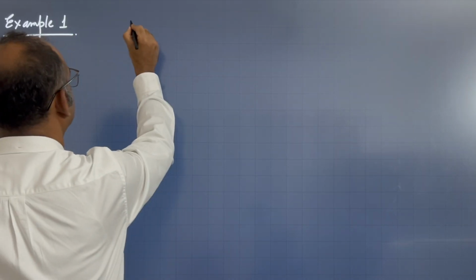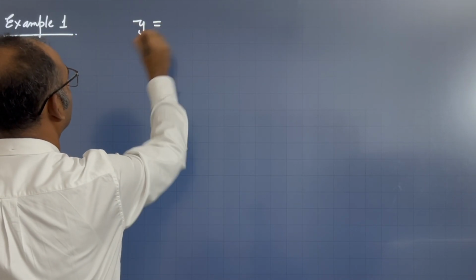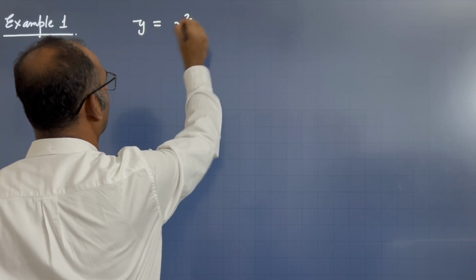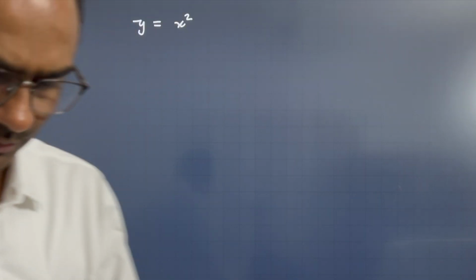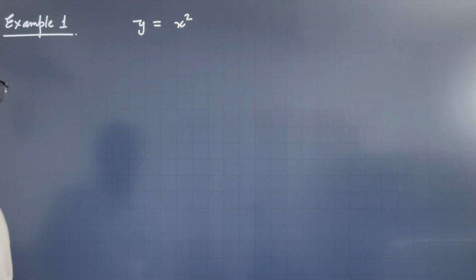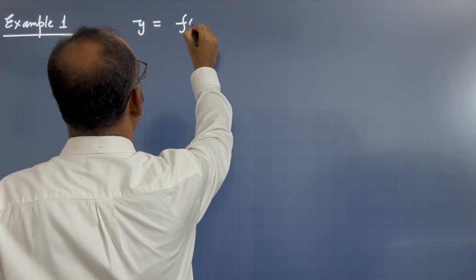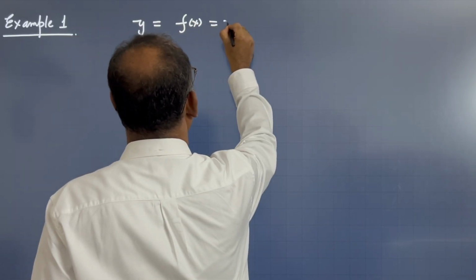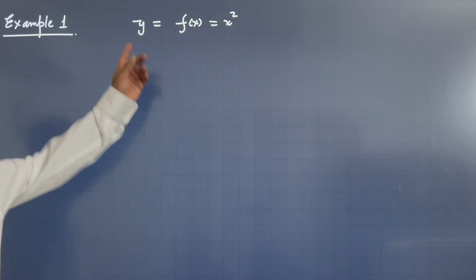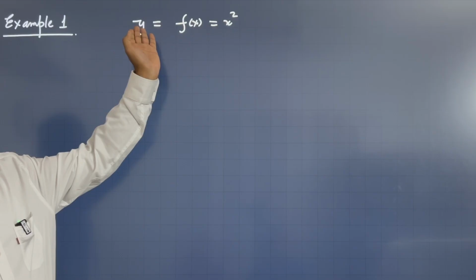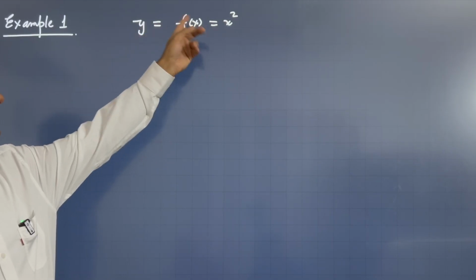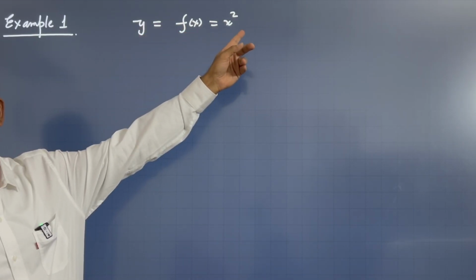Let's take some examples of this. So let's take the function y equal to x square. Or maybe I'll be a little bit more elaborate. Y is a function of x, is this function f of x, which is x square.